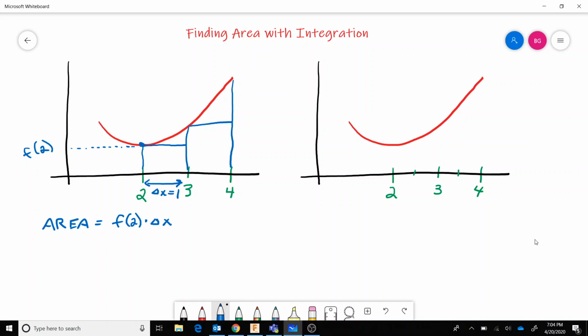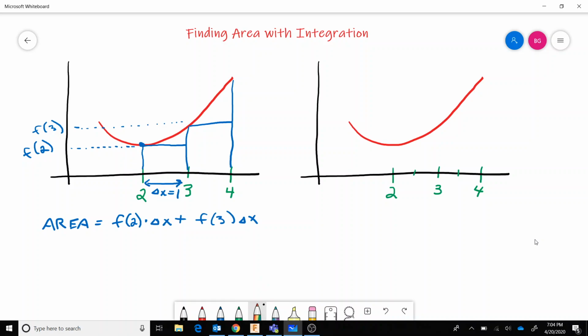But the area of this box right here would be whatever f of 2 is times a delta x, which is 1. And the second box would be whatever f of 3 is, again, by delta x.